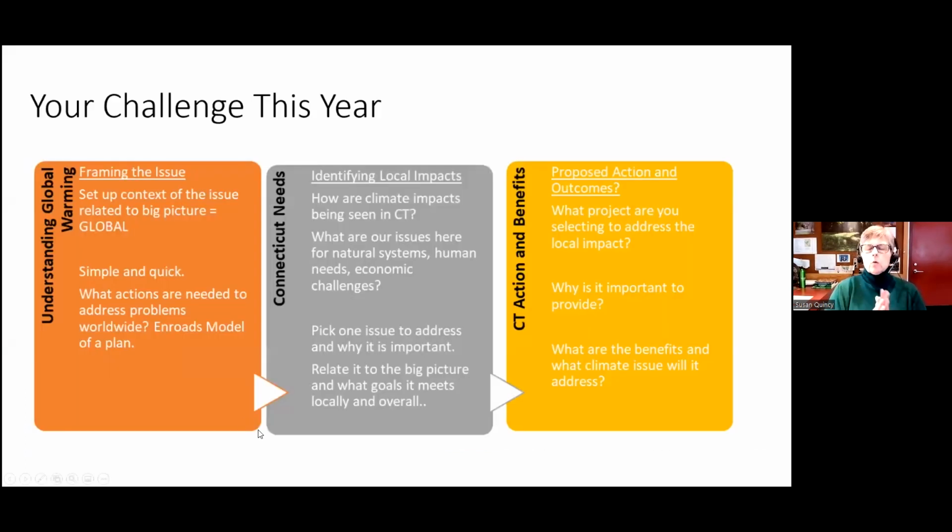Okay, so when putting together your presentation, it is key to look specifically at the rubric. The rubric, when you're looking at it, will also provide you with an idea of how the weighting is going to be looking at those different areas. And you'll notice in framing the issue, the heaviest weight is not put on explaining how climate change and global warming are coming about.